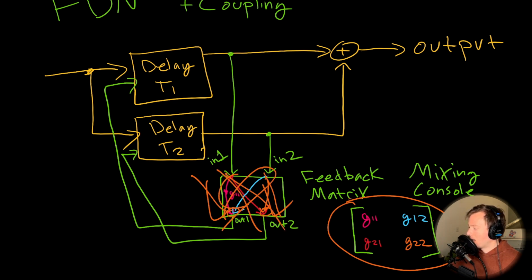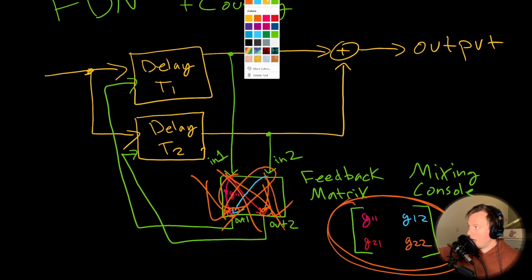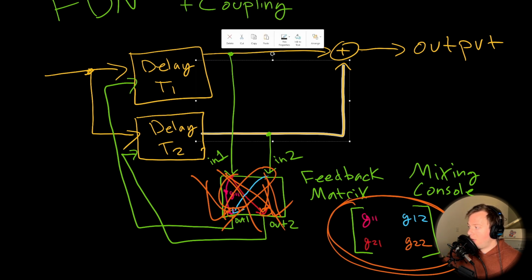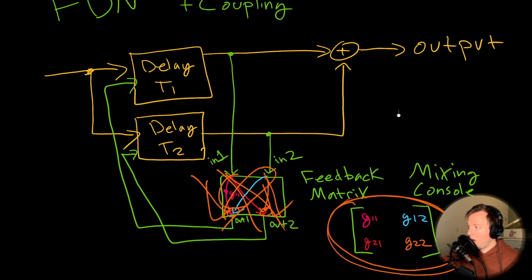So this matrix is going to be a much more efficient way for us to communicate how we're adjusting the volume. The reason these are all connected together is because, like I said, these feedbacks are coupled. In this example, we have T1 talking to T2, and T2 talking to T1.